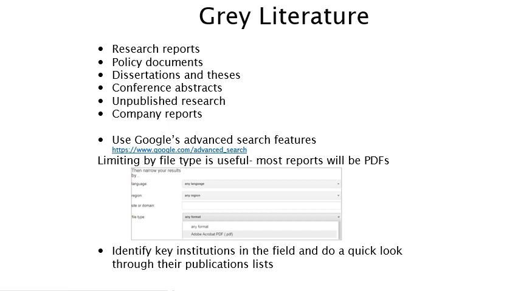These include research reports, policy documents, some dissertations and theses, as well as conference abstracts. Now, there are some international conference abstracts that have a single DOI given to all of the abstracts. If there's a DOI to it, then it's not considered Gray literature. Unpublished research also comes under Gray literature.